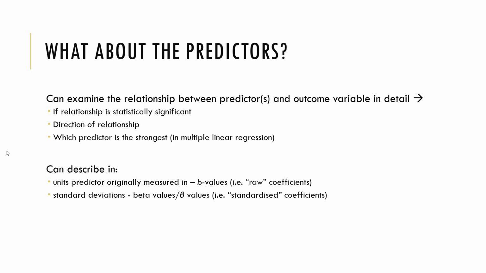So we call the raw coefficients, the unstandardized coefficients, b-values. They are in the original units of measurement. And the standardized coefficients, the things that are measured in standard deviations or units, we refer to as the beta values. And that's the symbol for beta there.